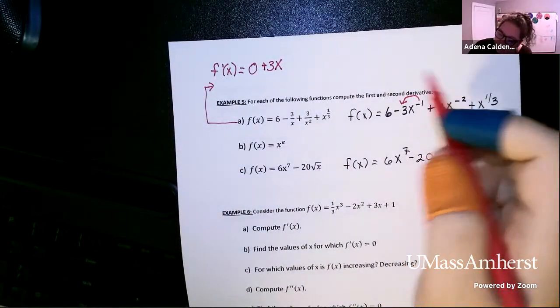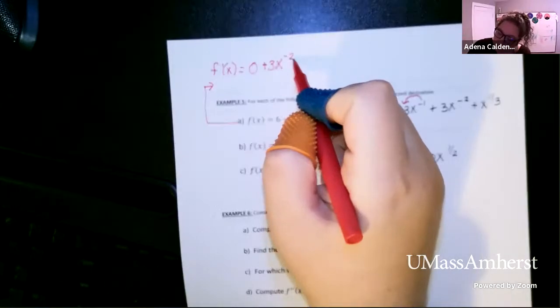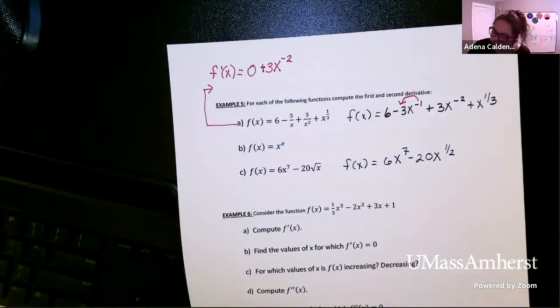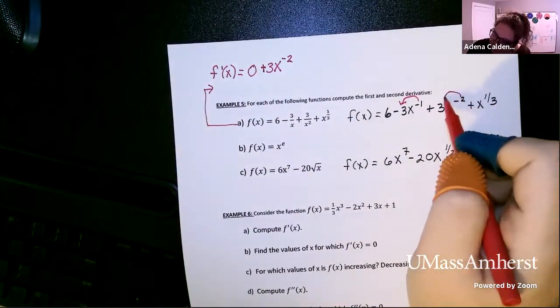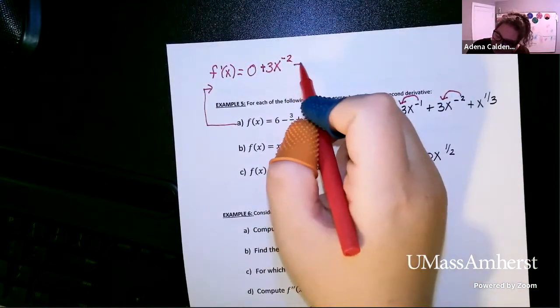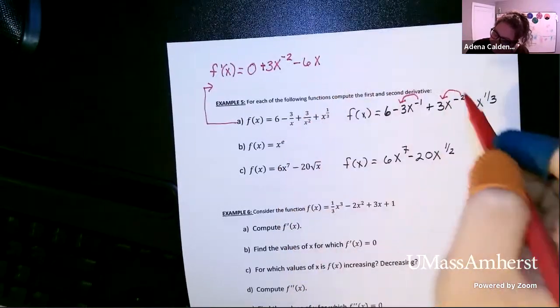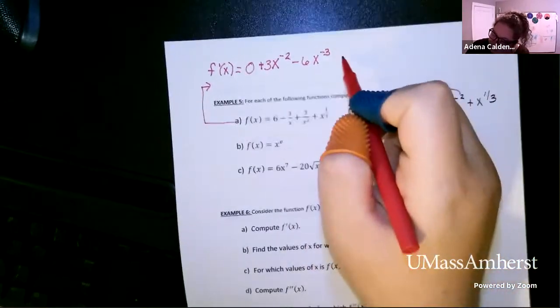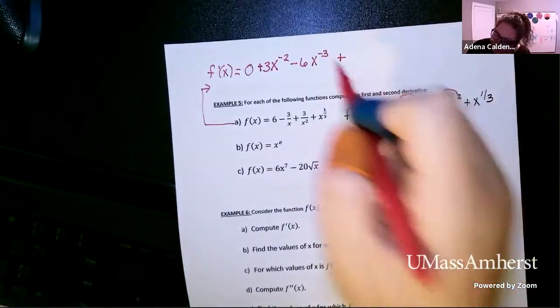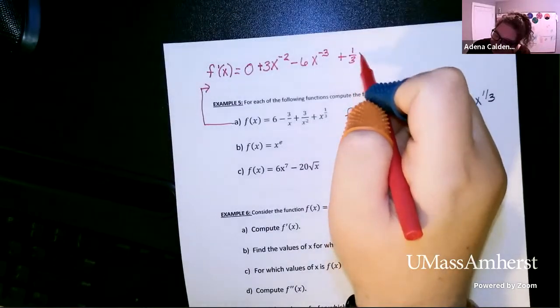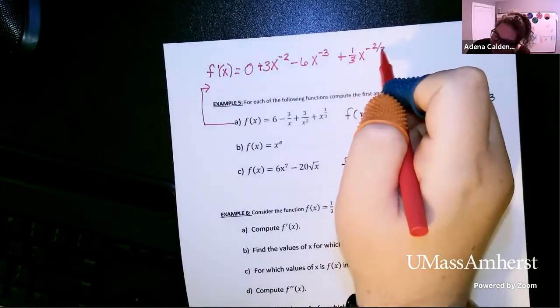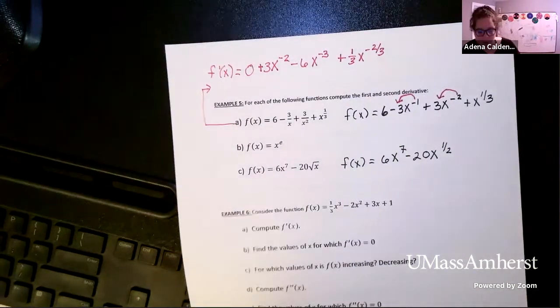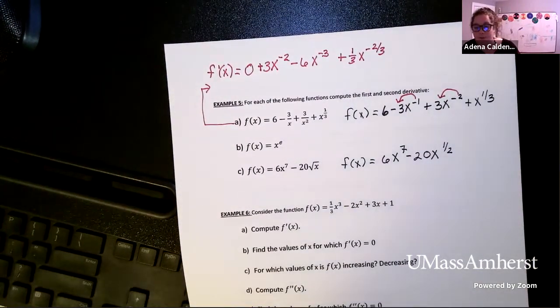Negative 1 minus 1 becomes negative 2. Then from the next term, the negative 2 multiplies the 3, so I get minus 6x to the negative 3. And then finally, plus, now the 1/3 comes down, so 1/3 x to the negative 2/3. That's what my first derivative looks like.